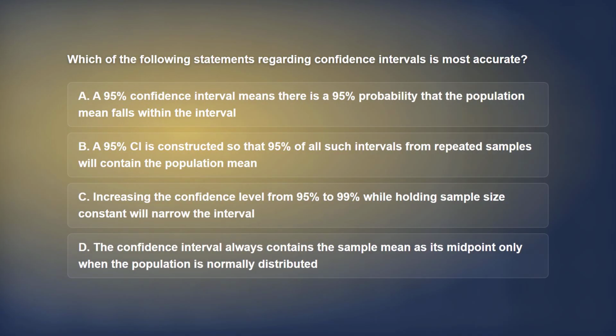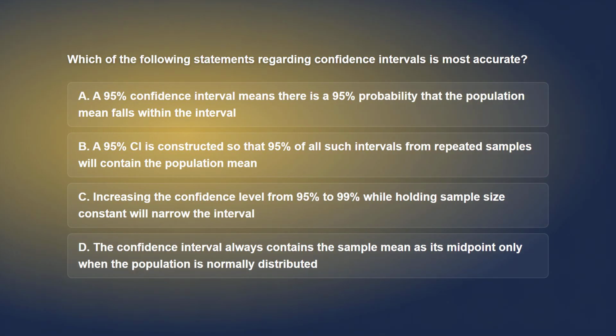Exam question 3. Which of the following statements regarding confidence intervals is most accurate? A. A 95% confidence interval means there is a 95% probability that the population mean falls within the interval. B. A 95% confidence interval is constructed so that 95% of all such intervals built from repeated samples will contain the population mean.